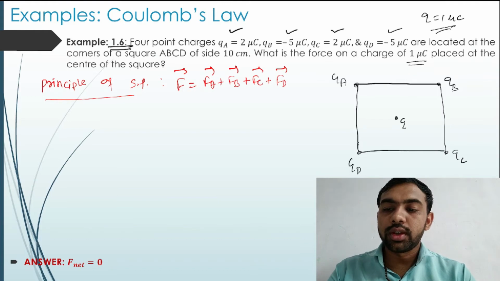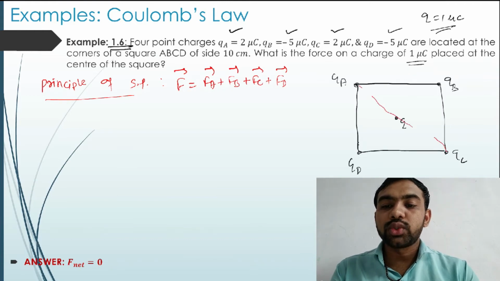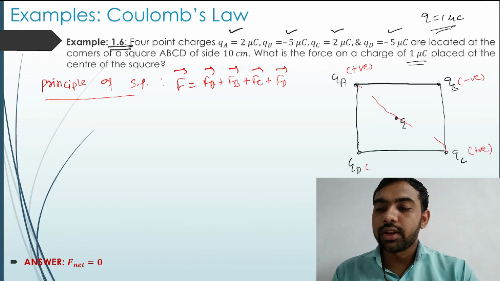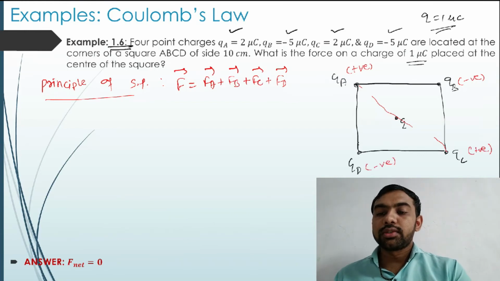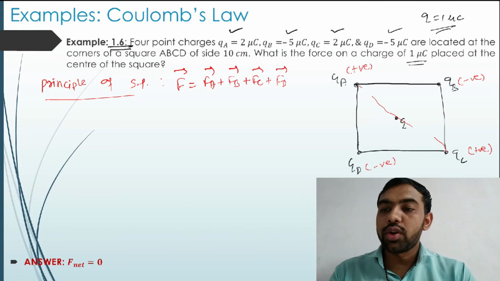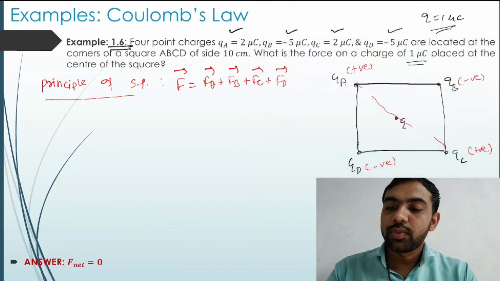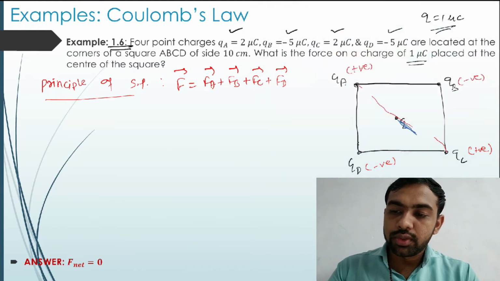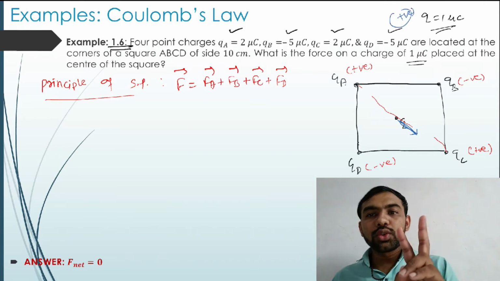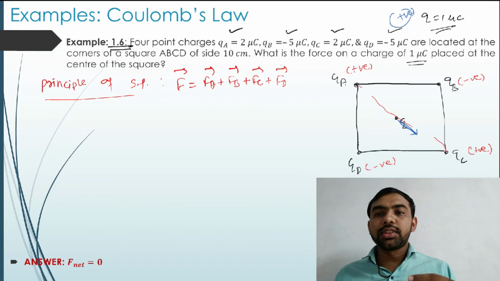What is the force from QA? QA is positive, QB is negative, QC is positive and QD is negative. These types of charges are given to us. Let's give the direction of all these forces. QA is positive and this Q is also positive, so it is a repulsive force: between two positive charges, force is applied away from the charge.